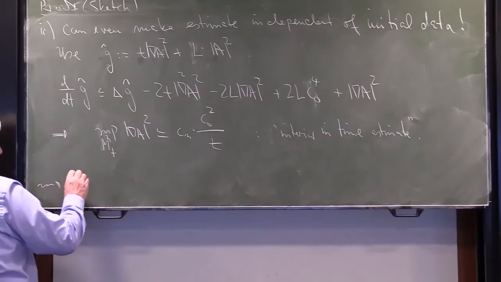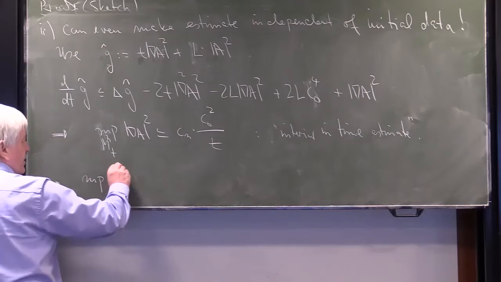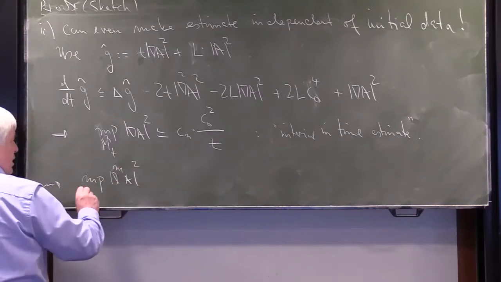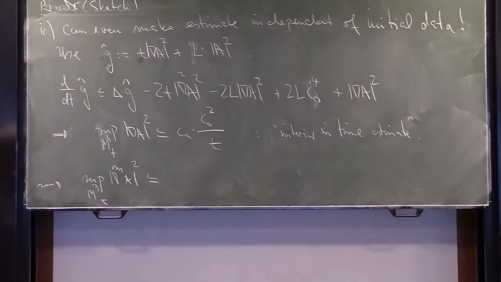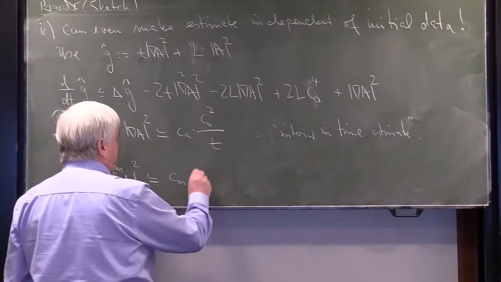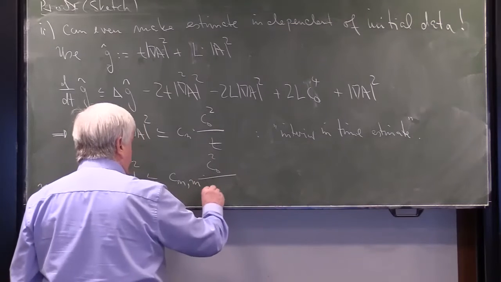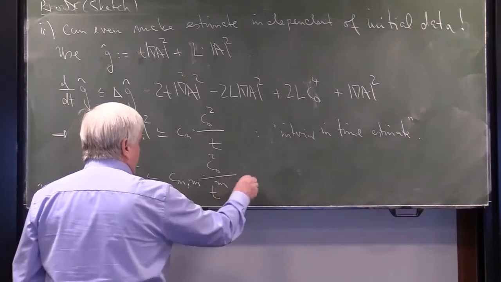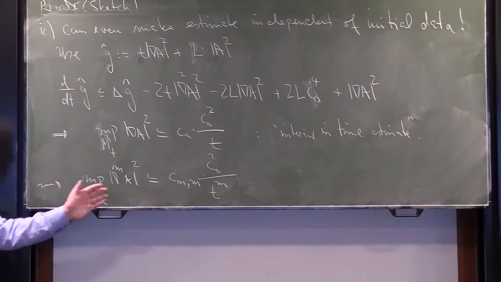You get something like the sup of the nth derivative of A over M_n times t, then the constant depending on n and m, times C0 squared divided by t to the n. This is a good exercise. And this is a scaling invariant estimate.